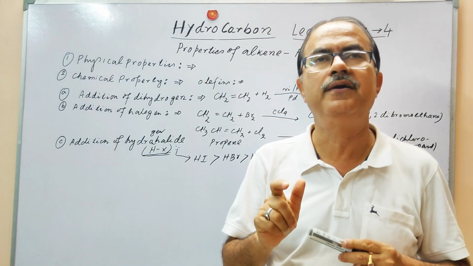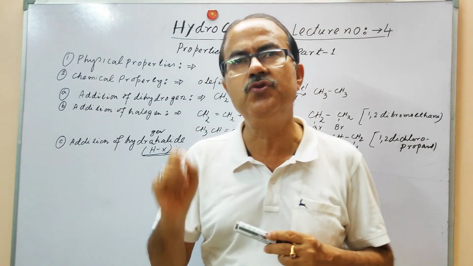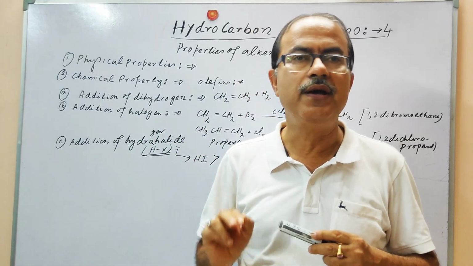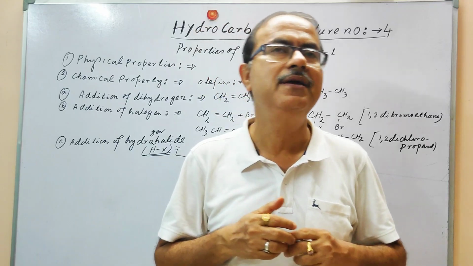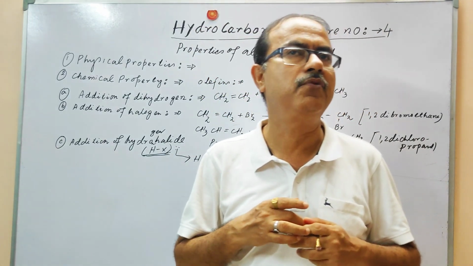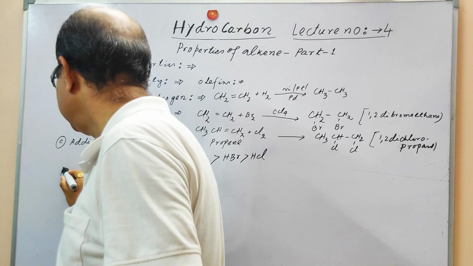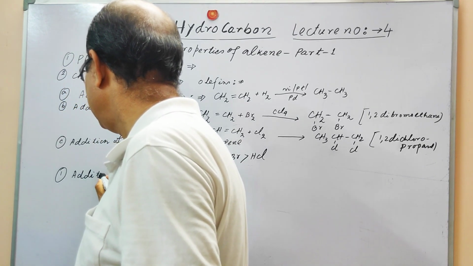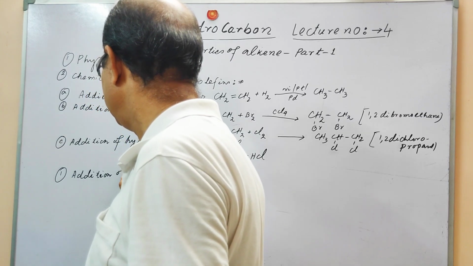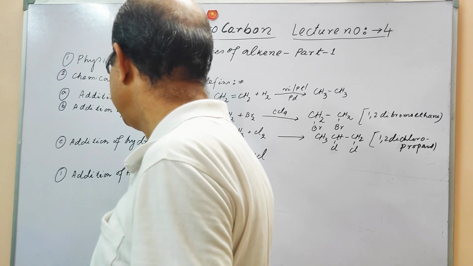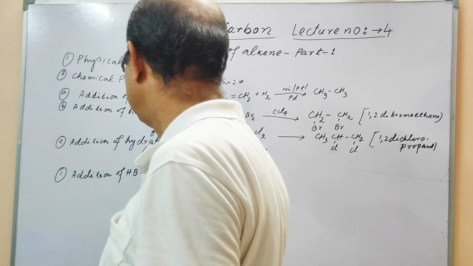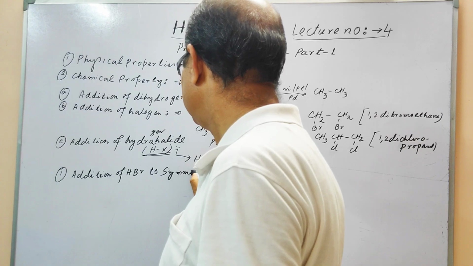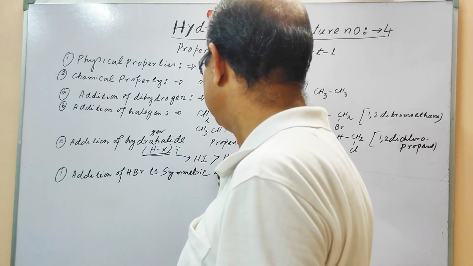And unsymmetric alkenes are those alkenes in which the groups are different. So when we add hydrogen halide, it will form different types of products, and first we are going to discuss the addition of, suppose we are taking HBr, to a symmetric alkene.